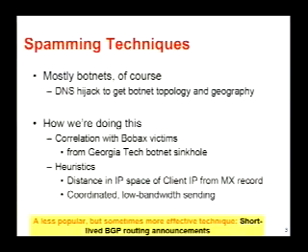To find out about them, they did DNS hijacking of the command and control to get a topology and geography of the botnet. Okay, so they did a correlation with Bobax victims from a Georgia Tech botnet sinkhole, and they tried to get the distance in IP space of the client IP, in other words, the source of the spam, from the MX record.